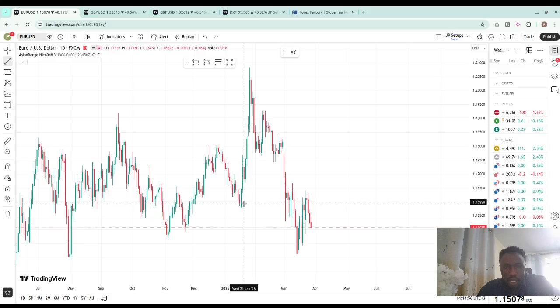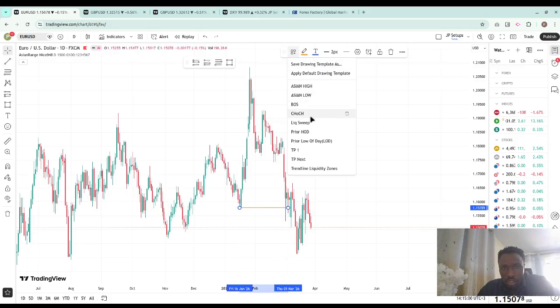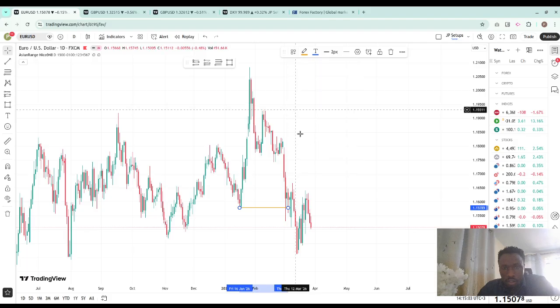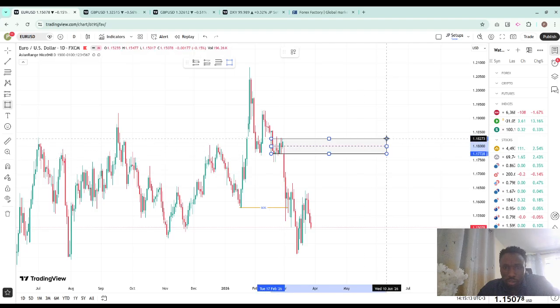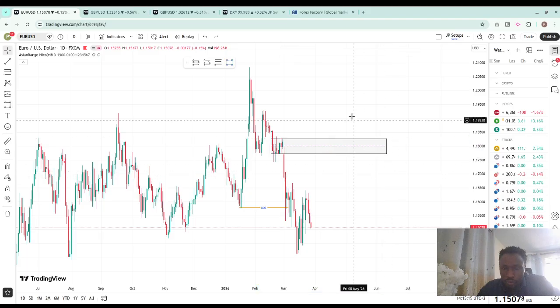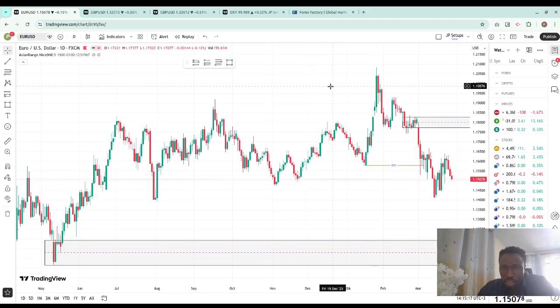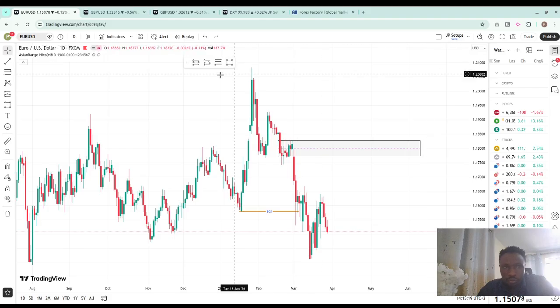Although we had this break of structure, and since we had a break of structure, the market may still come back to retouch probably here. We'll just see how it's going to be.